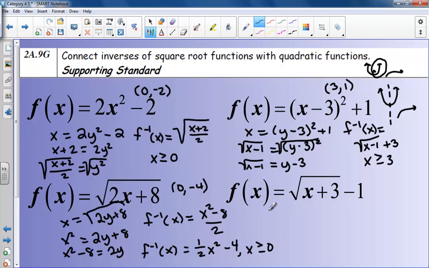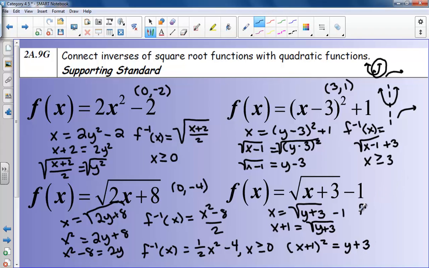Same thing here. I have x equals square root of y plus 3 minus 1. So x plus 1 equals square root of y plus 3. Square both sides, so that's going to be x plus 1 in parentheses squared, the whole quantity squared, is equal to y plus 3.